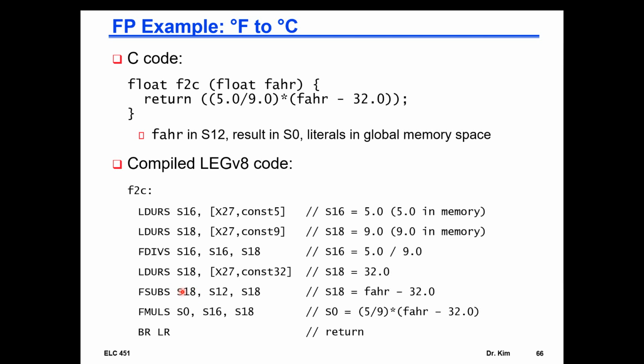At that point, we have the argument minus 32. Then what we have to do is multiply that by the fraction 5/9, which we stored in register 16.